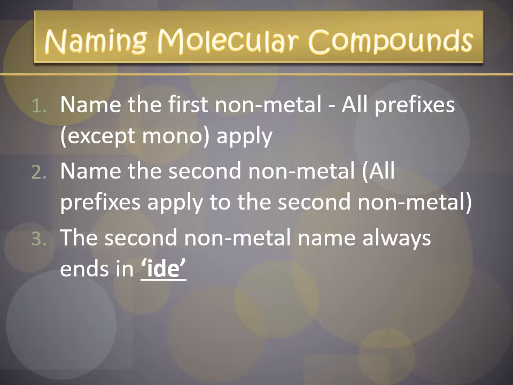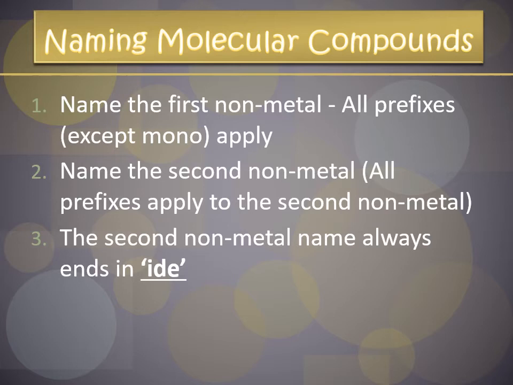The first thing you're going to do is name the first nonmetal. You are going to use the nonmetal's name, obviously, but you are going to include the prefix based on the number of atoms that the nonmetal has, except if there's only 1 atom. If there's only 1 atom, you are going to exclude the prefix mono for the first nonmetal.